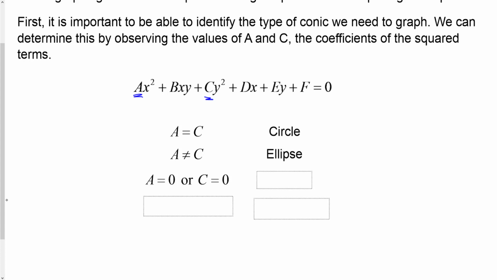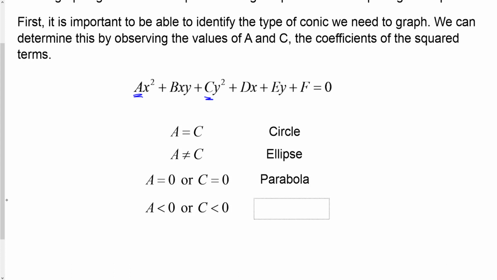If one of a or c happens to be 0, but not both, because if both were 0, you'd end up with a line. But if one of those two is 0, you are most likely going to have a parabola. And if one of those happens to be negative, but not both, if both of them are negative, then you're back into, it could be a circle or an ellipse.